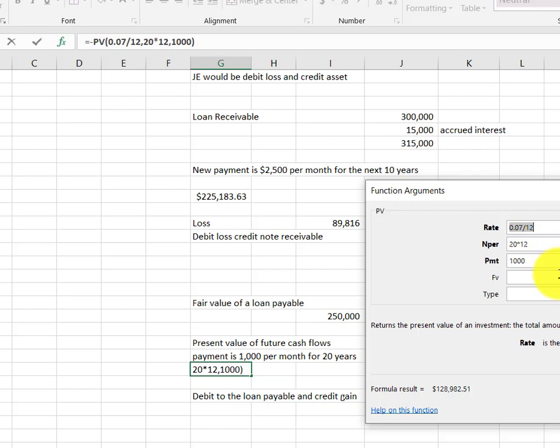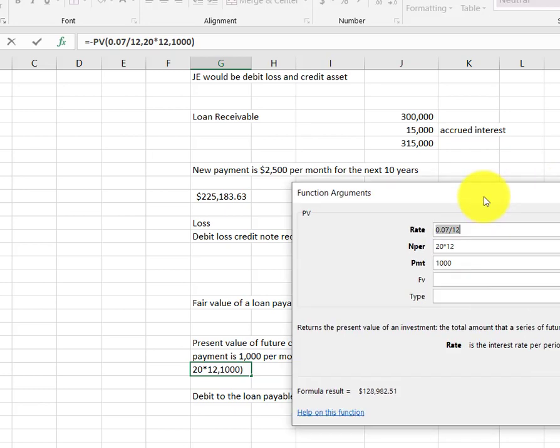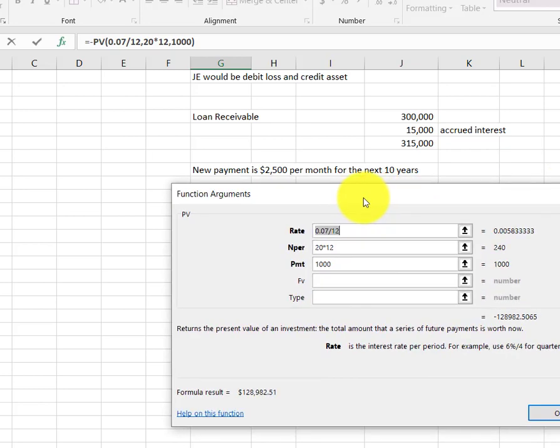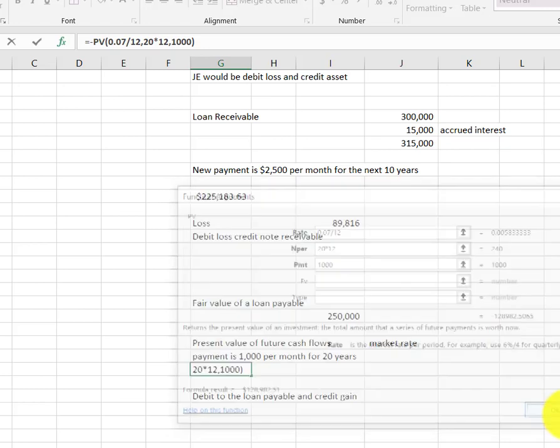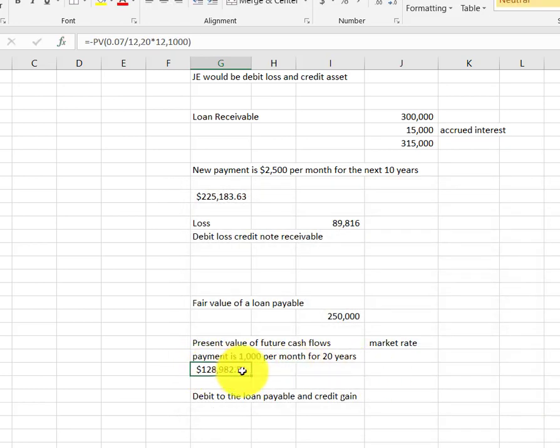And that's going to be 240 in this case. You can see the formula, how it's worked out. We get the $128,982, and so we would actually have a gain of the difference between these two. We would debit the loan payable and credit gain. So the loan payable will go down because its fair value is lower.